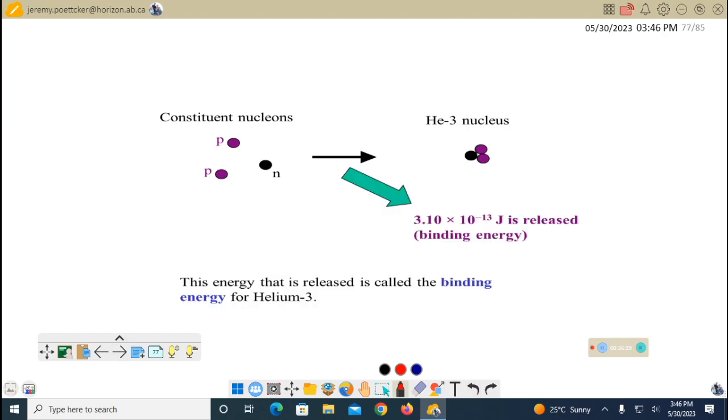The energy that is released is called the binding energy for helium-3. So these things put together actually release energy. This is why fusion reactions of small nuclei will release energy. More on that later.